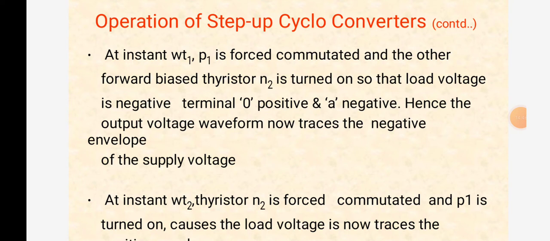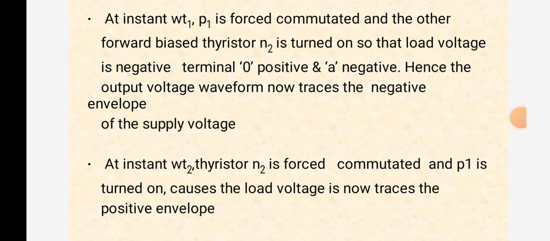Hence the output voltage waveform now traces the negative envelope of the supply voltage. At instant omega t2, thyristor N2 is forced commutated and P1 is turned on, and the load voltage now traces the positive envelope.